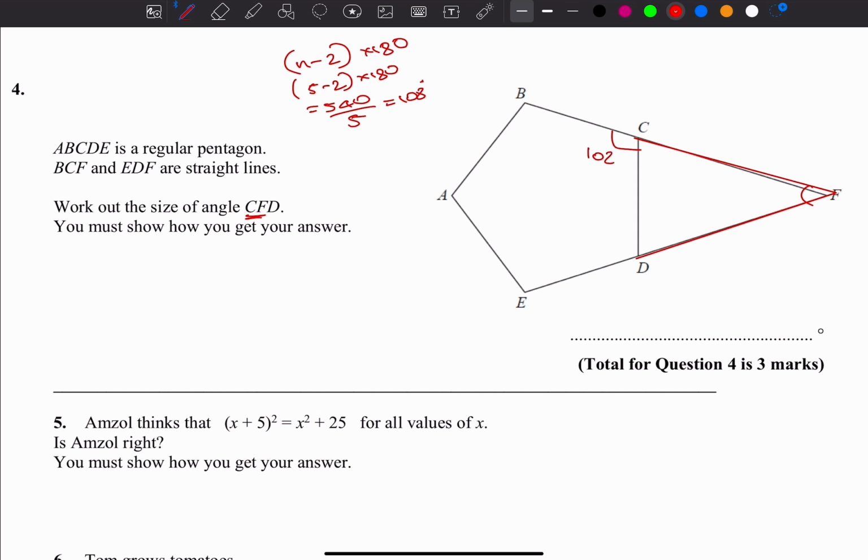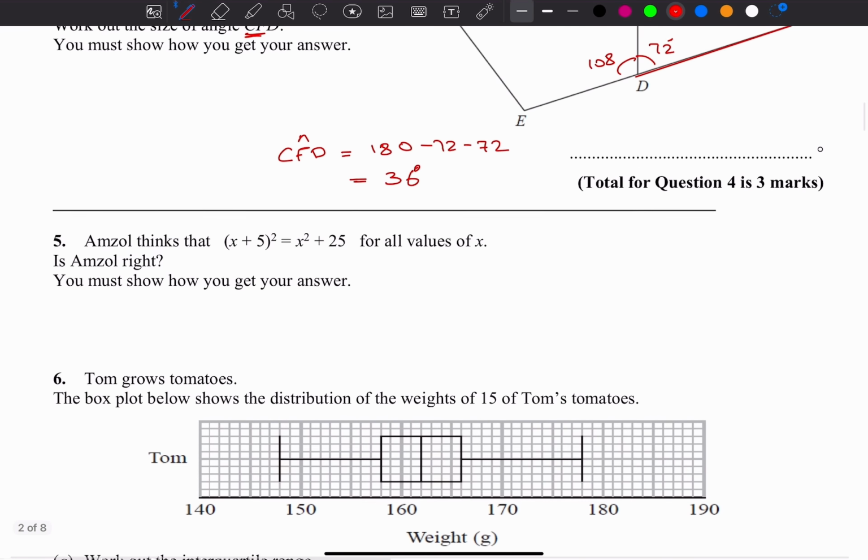So this is 108. That's also 108 anyways. This angle is what? 180 take away 108, which is 72 here. That's 72. And they want that angle CFD. Angle CFD is equal to 180 take away 72, take away 72, because of the triangle, which will make it 36 degrees. Good.